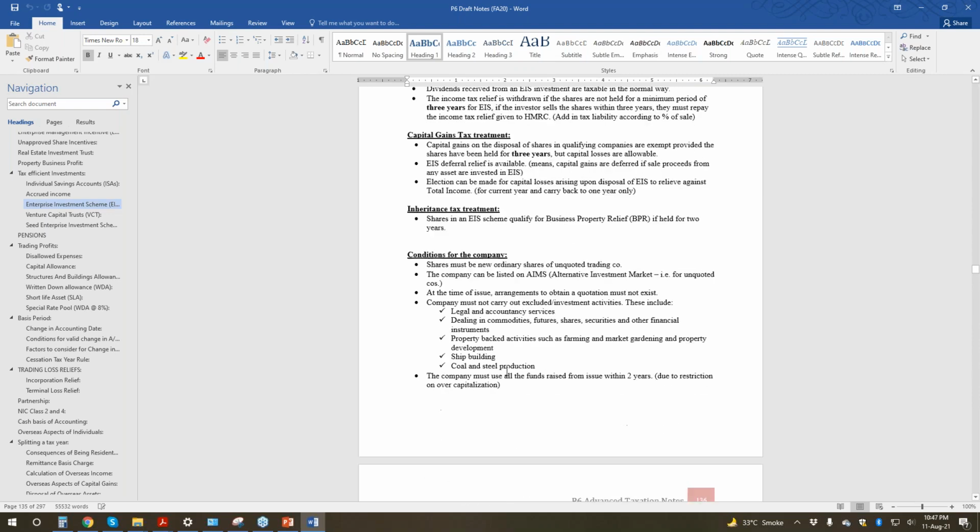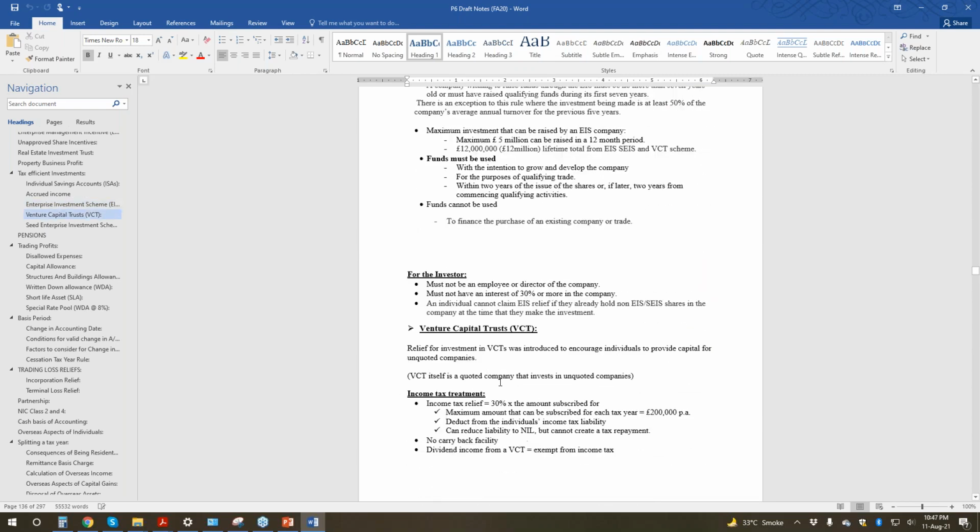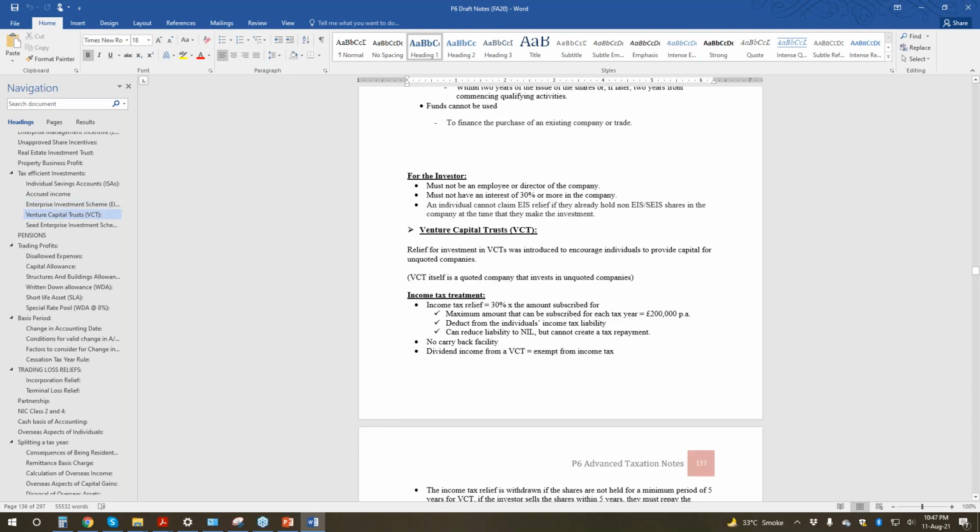Let's talk about VCTs, venture capital trusts. The venture capital trusts are normally big quoted companies listed on the stock exchange, and their specialization is that they look for companies that have very good potential but are lacking funds.